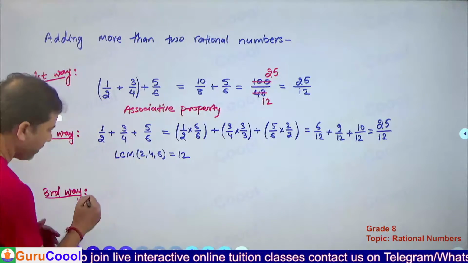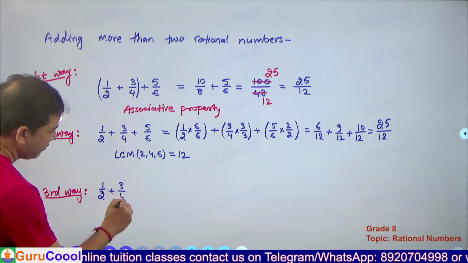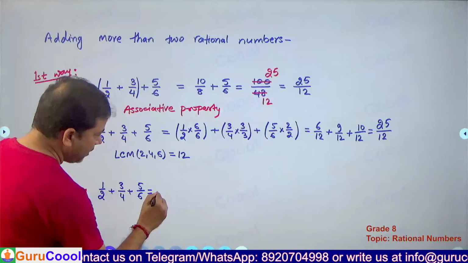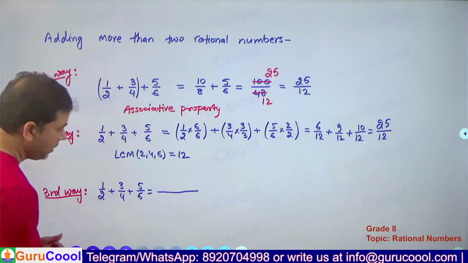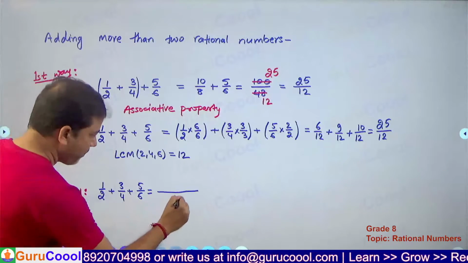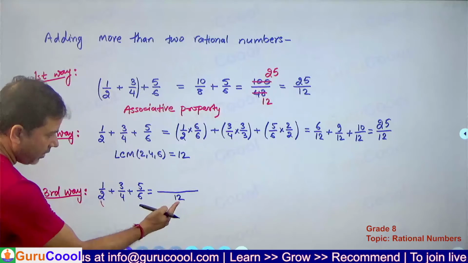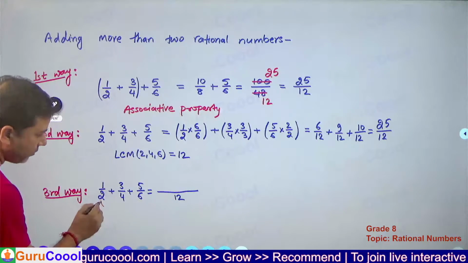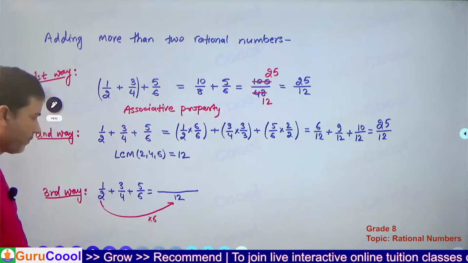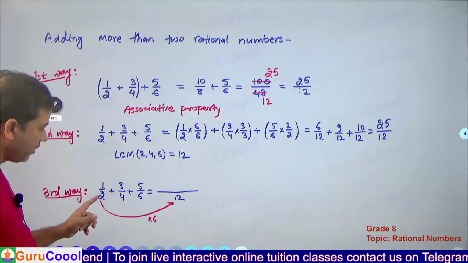But the third way tells us to make a fraction line bigger, write the LCM in the denominator 2, 4, 6. Now what? Check. LCM is what times of denominator? 6 times. LCM is 6 times of denominator.